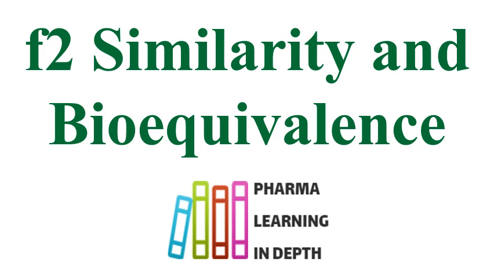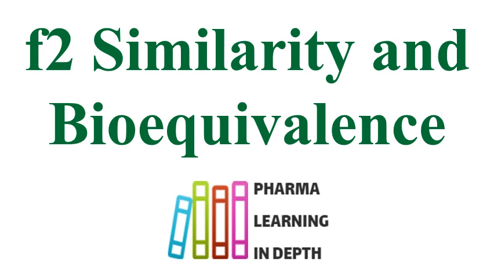As per my experience and understanding, F2 similarity may not give the guarantee of bioequivalence. It may give an indication of bioequivalence, and it depends on the product. For some products, if you meet the F2 for dissolution, you may pass the bioequivalence, but for some formulations you may not.